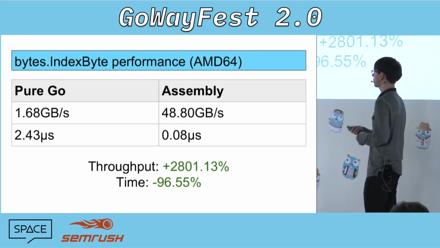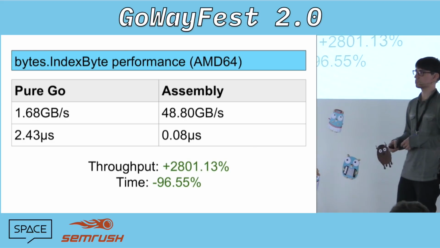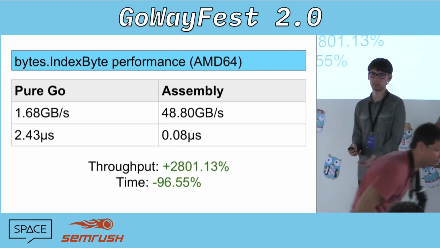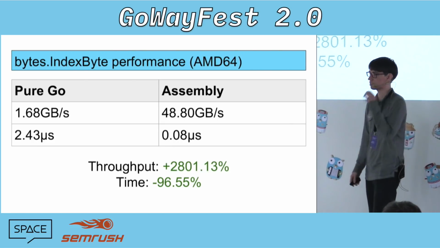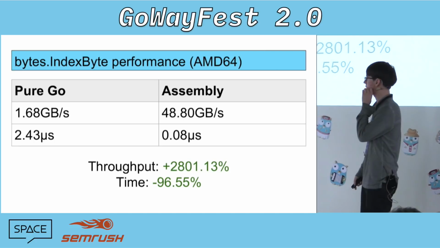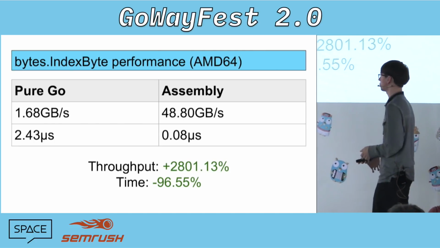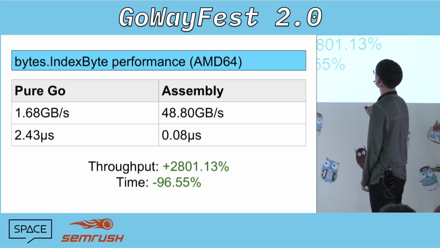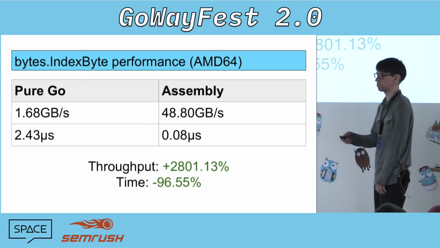It works, but it's very slow. It's slow not because it's intrinsically a bad algorithm to find something inside a slice, but because it doesn't use anything built into the hardware to make your code run fast. If you implement that function in assembler, it's like 20, 30 times faster, and it's a big speedup.